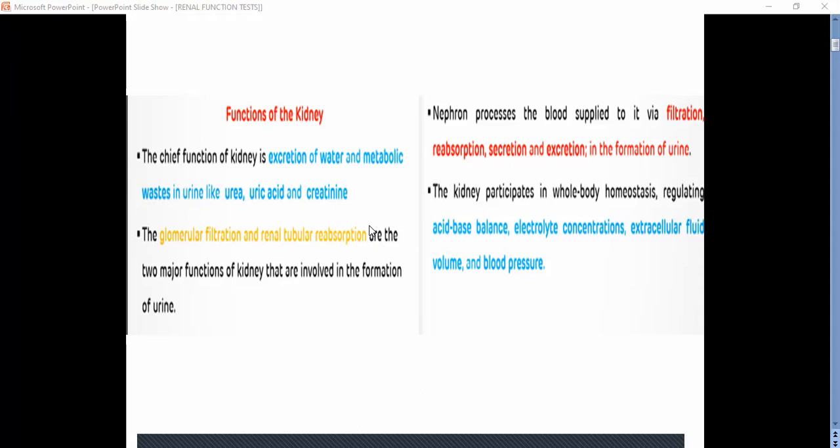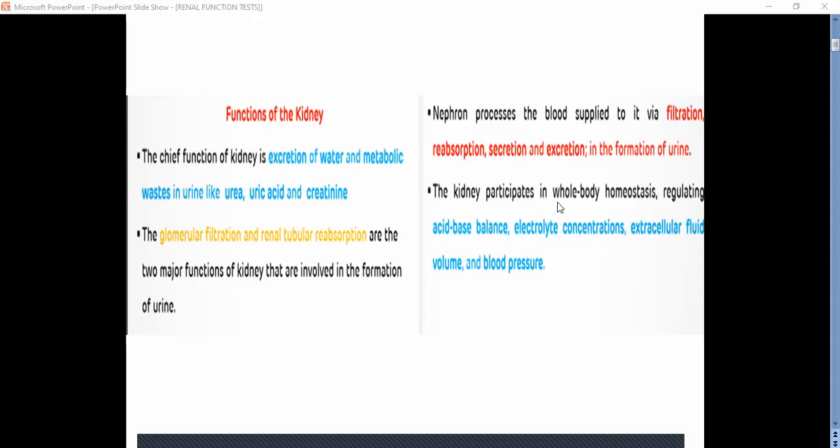This nephron conducts functions like filtration at the glomerulus, which we have already discussed, reabsorption, and third, the excretion of waste compounds in the form of urine.